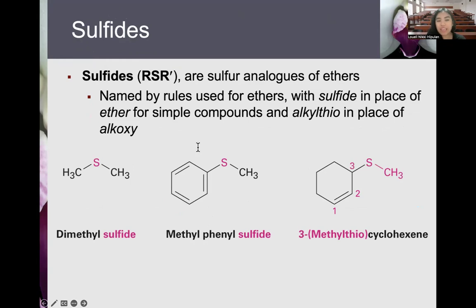Sulfides, on the other hand, are analogs of ethers, right? Earlier we discussed that ether has the form ROR. So a sulfide is like an ether. If a thiol is like an alcohol, a sulfide is like an ether. Sulfides are named by the same rules as ethers, with sulfide used in place of ether at the end. As a substituent, you use alkylthio. But first, let's do the main character.